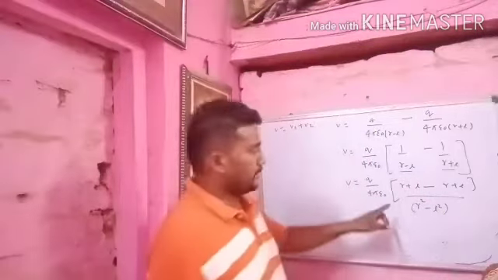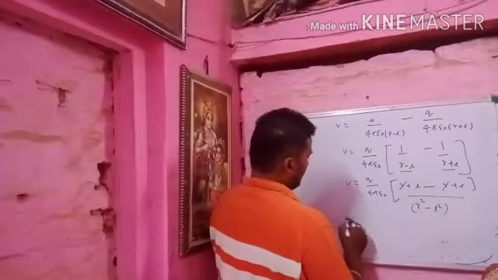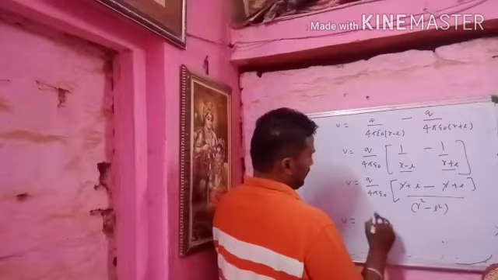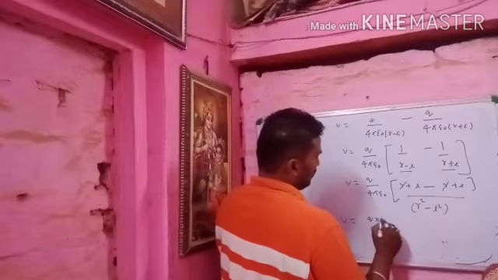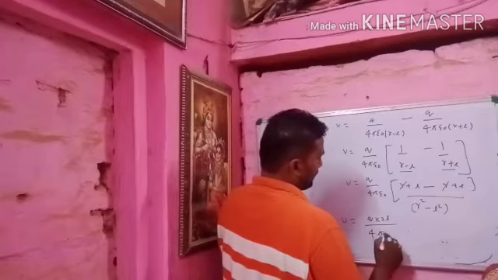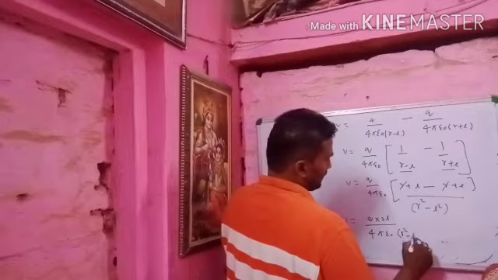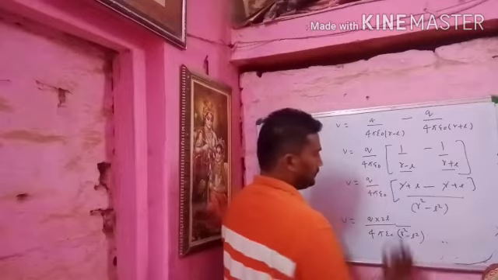We observe that the R terms cancel, and the value is q into 2L upon 4 pi epsilon naught into R square minus L square.